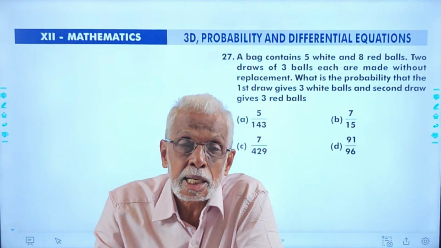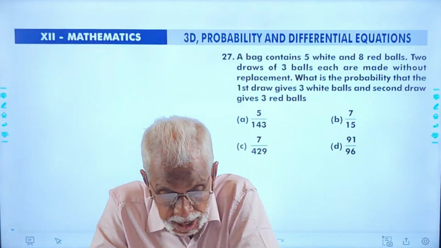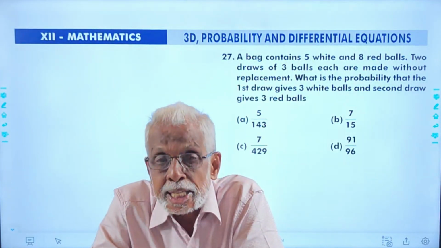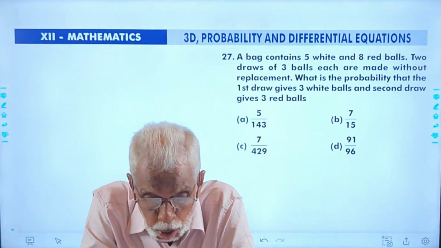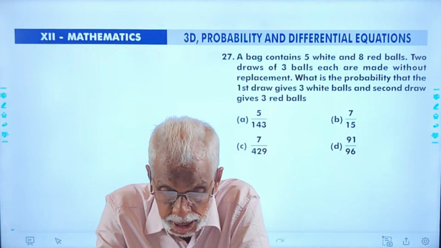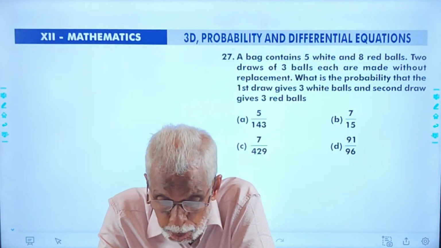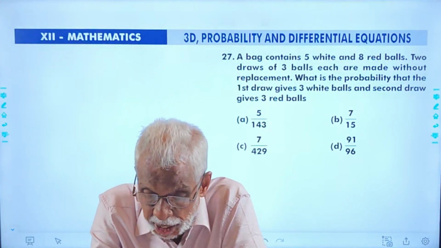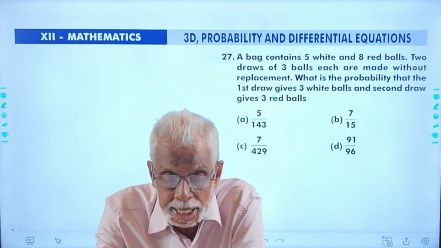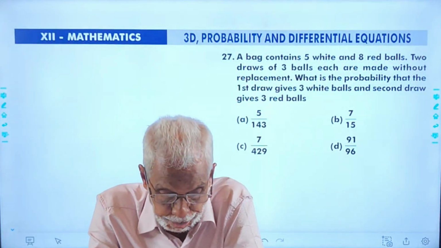It is also a problem in conditional probability. A bag contains 5 white balls and 8 red balls. 2 draws of 3 balls each are made without replacement. What is the probability that the first draw gives 3 white balls and the second draw gives 3 red balls?